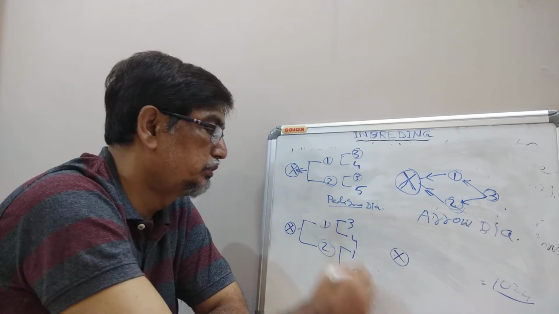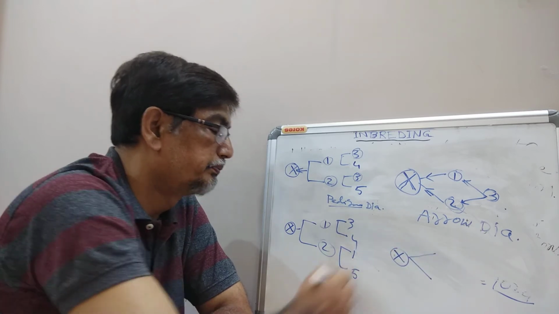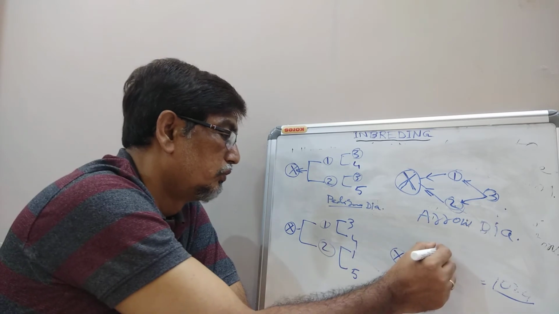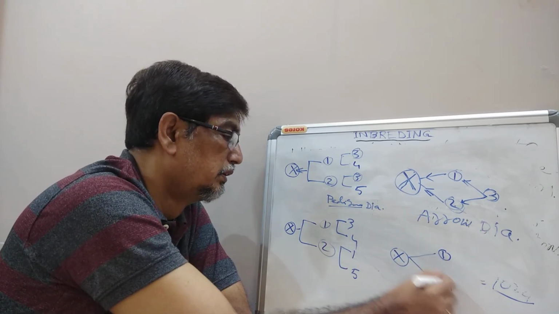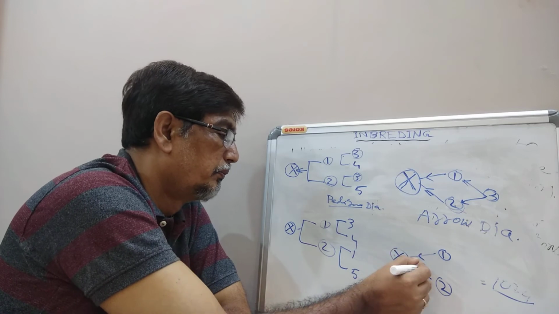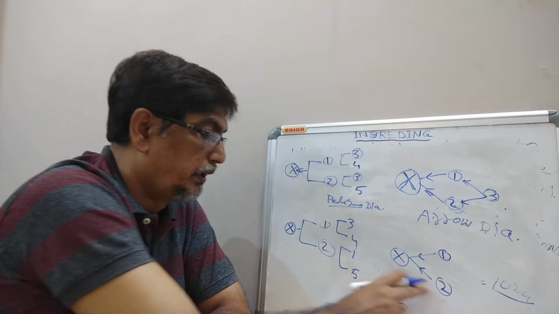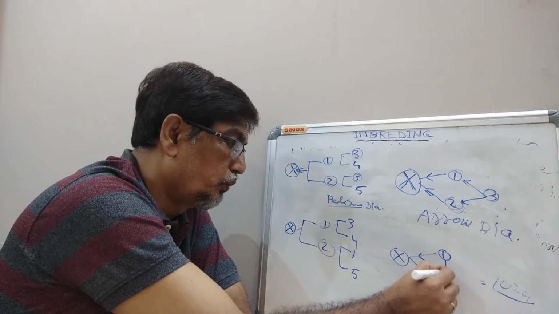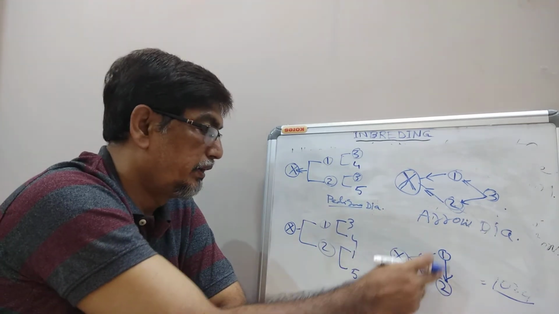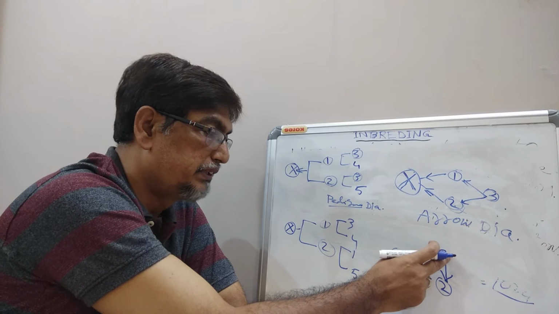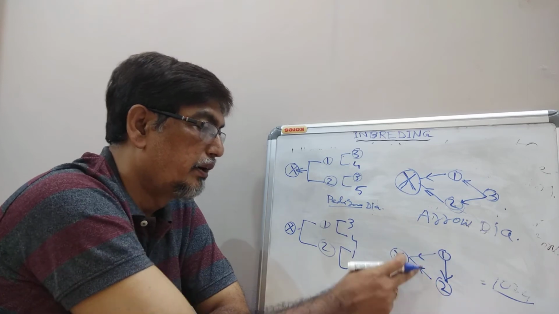X is produced by individual 1 as sire and 2 as dam, but 2 is produced with one parent from here. So this is 1 producing 2, that means sire daughter mating.